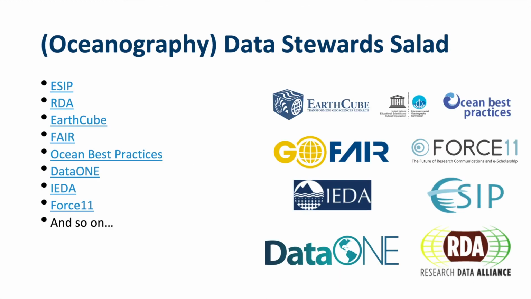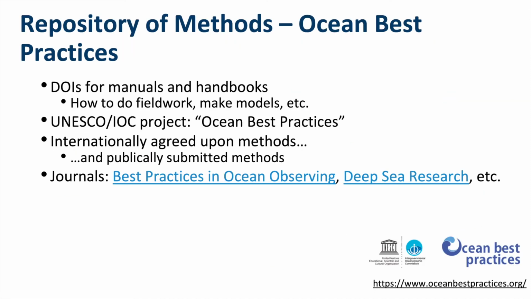Here are just a few other organizations to be aware of and links. There's a lot more than what's listed here, but if you're thinking about FAIR principles or ocean best practices or so on. Just to highlight ocean best practices, in addition to repositories of data, they're also repositories of methods. You can get DOIs.